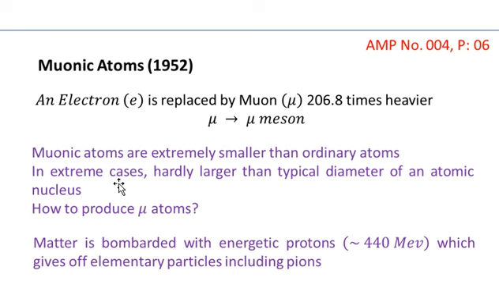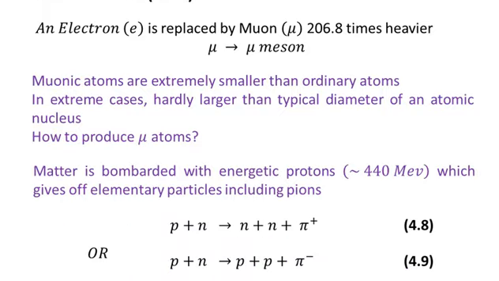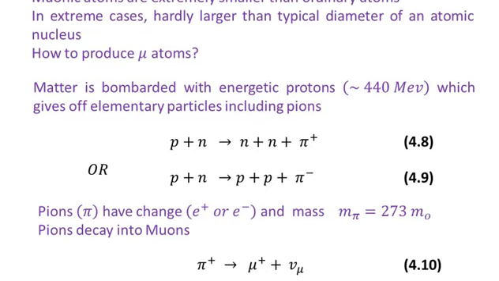In extreme cases, they are hardly larger than the typical diameter of an atomic nucleus. Now the question is how to produce muonic atoms. This is what I am going to discuss next.